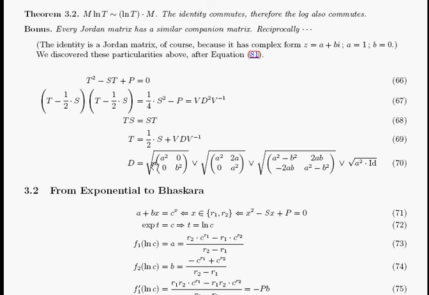where D is the square root of a square-rootable matrix. Square root of A2 0 0 B2, the diagonal greater than 0 or 0.